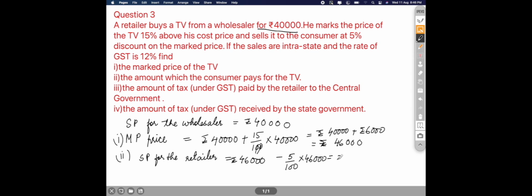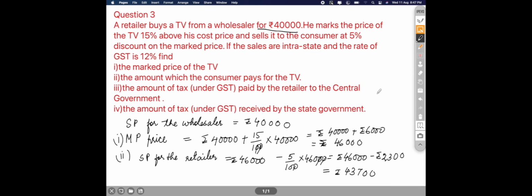So that counts to rupees 46,000 minus rupees, if you simplify, 2,300. So this is equal to rupees 43,700. So this is the cost price for the consumer.